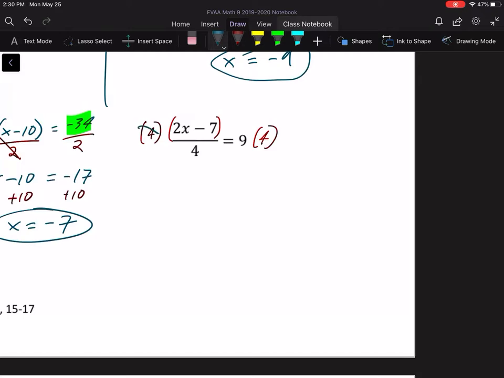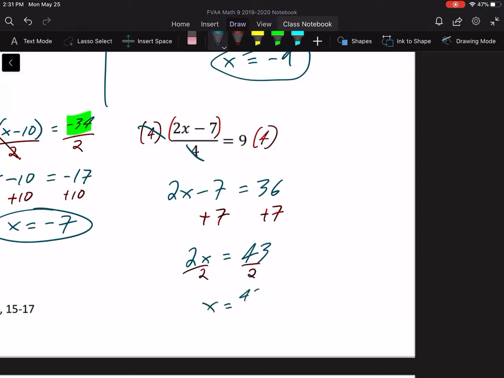The times 4 divided by 4 cancel out, which leaves me with 2x minus 7 is equal to 36. And then from there, it's a two-step math problem, plus 7 on both sides. 2x is equal to 43. 43 divided by 2, and I end up with x is equal to 43 over 2.